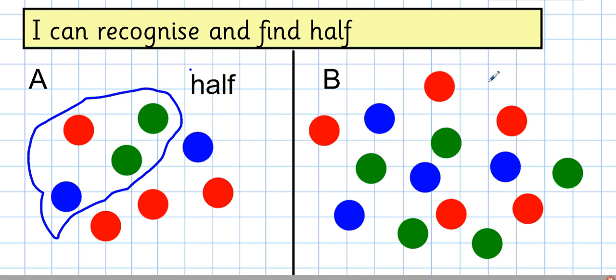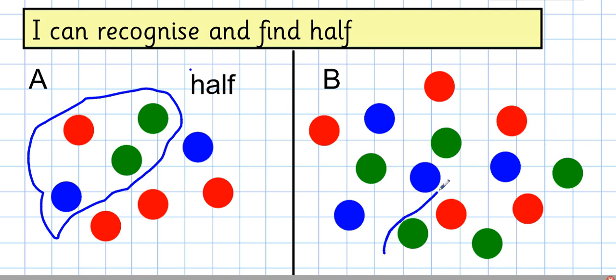How about if I try here? Oh no, I can see straight away that these aren't 2 equal parts. This side's got lots more. Let's think. 1, 2, 3, 4, 5, 6, 7, 8, 9, 10, 11, 12, 13, 14.